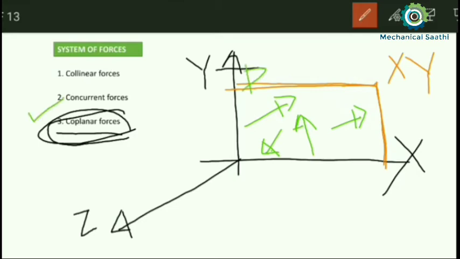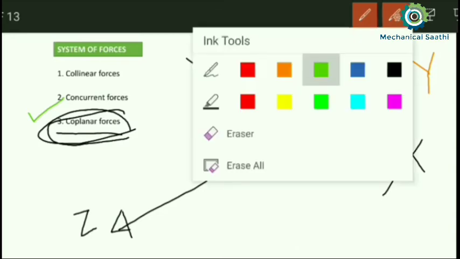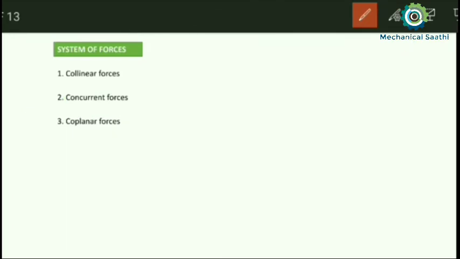The different magnitudes we can say are P, let's take Q, R, and S. The magnitude may be different, the direction may be different, but if all those forces are acting in a single plane, then that type of system of forces is known as coplanar forces. So from this we can say these are the three most important systems. Collinear, if all those forces are on a single line.